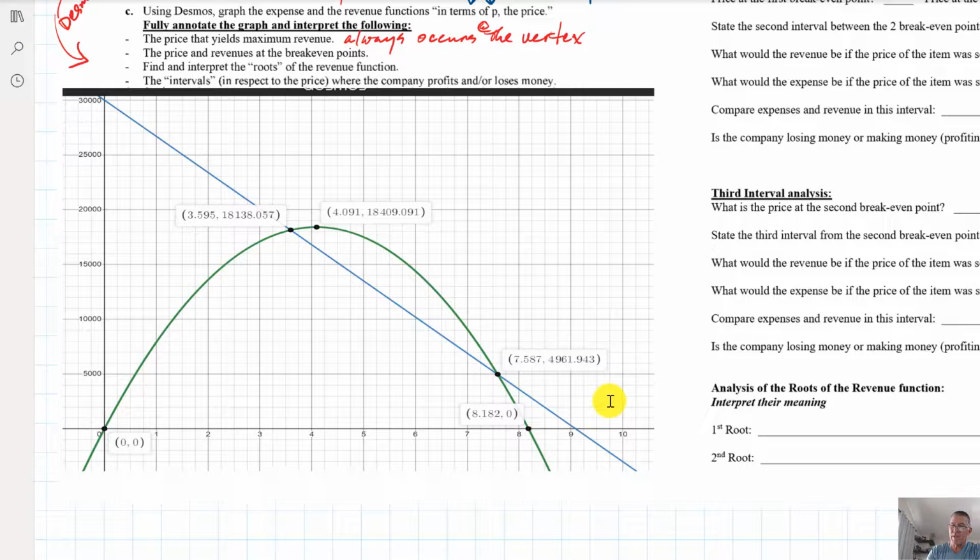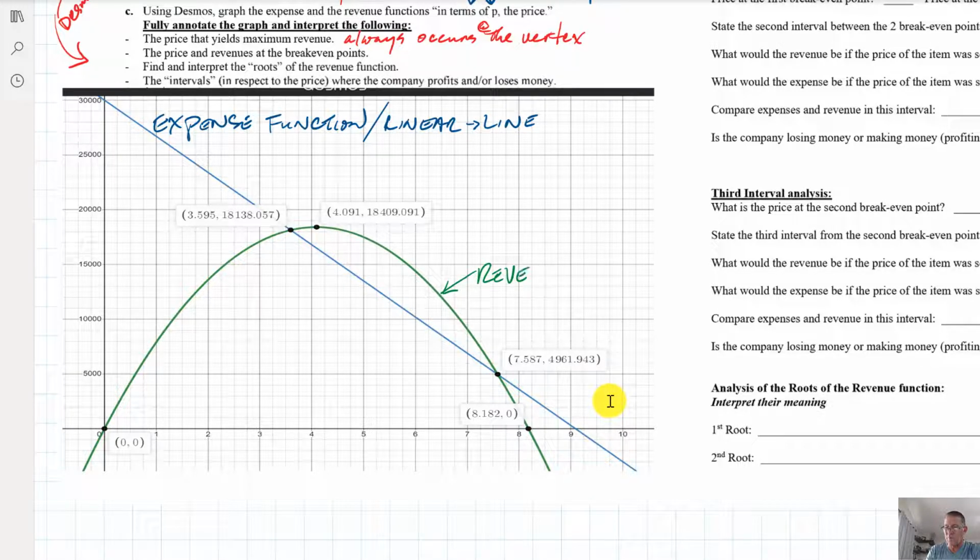Remember one thing: we've got an expense function here in blue. That's our line. It's linear, which simply means it's a line. The revenue function is second degree. It's the amount of income coming into the company after they sell product.